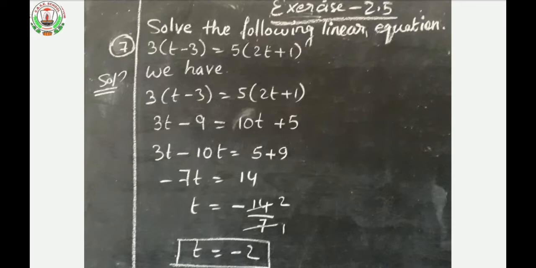So it will get cancelled. So the value of t we are getting is t equals minus 2, isn't it? And the denominator of 2 is 1, that does not have any value. So we write t equals minus 2. So the value of t we are getting for question number 7 is minus 2. Okay, understood everyone?